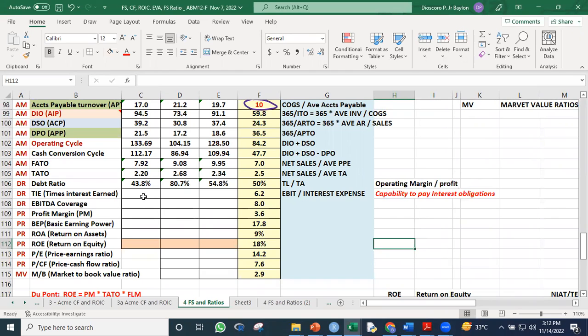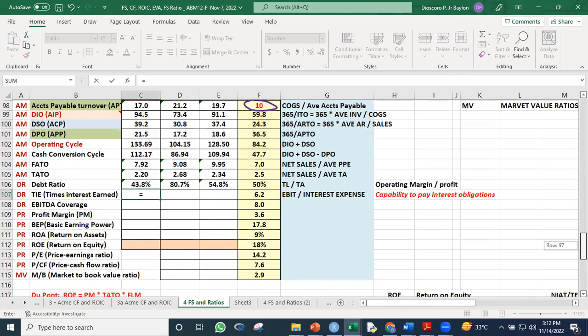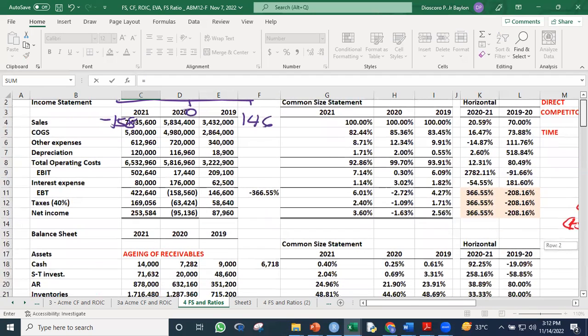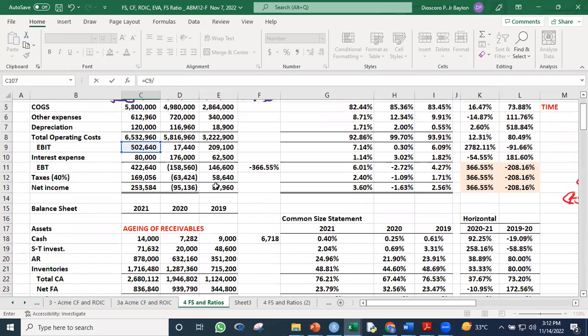Okay, so let's measure this. It's EBIT. And since pareho silang parehong period account, ibig sabihin EBIT is taken for the whole year, okay, divided by interest, also interest expense is taken for the whole year. And EBIT divided by interest.